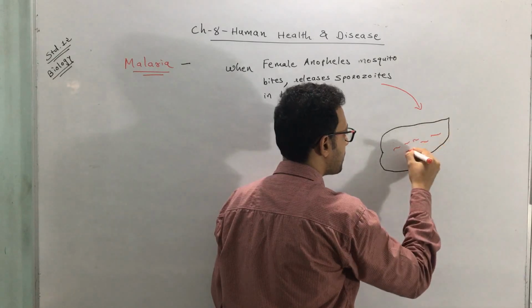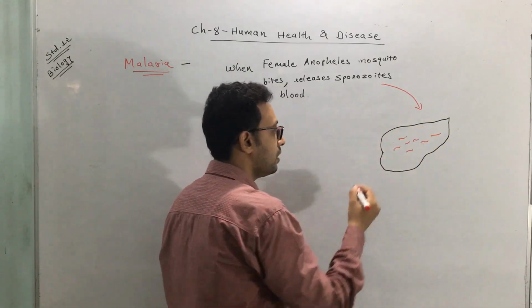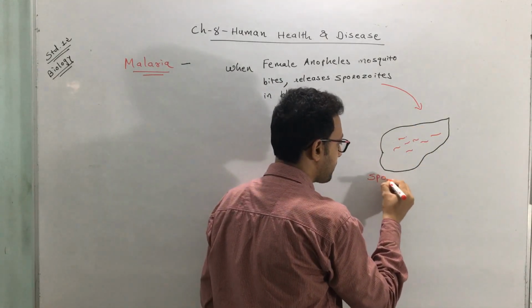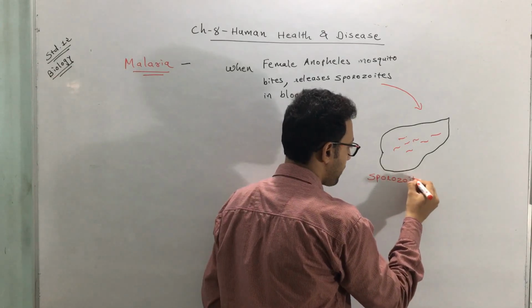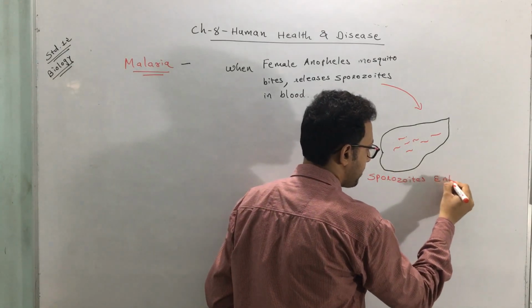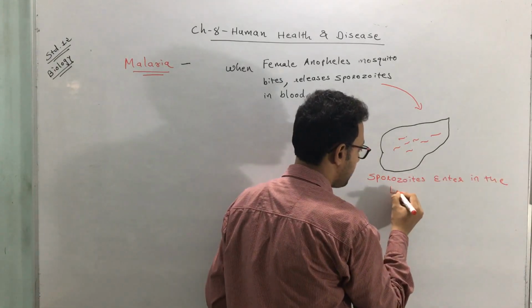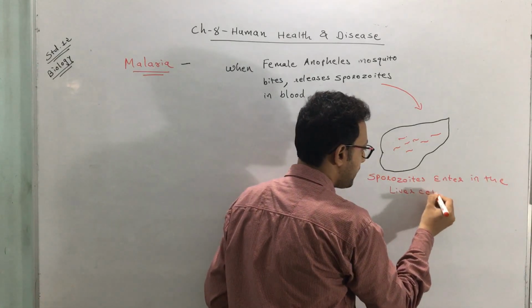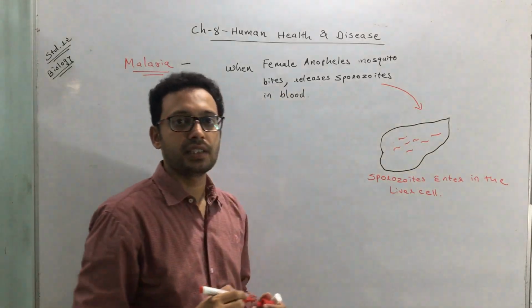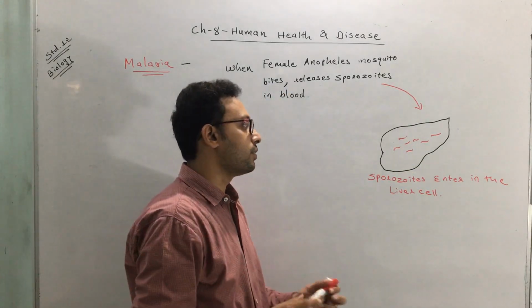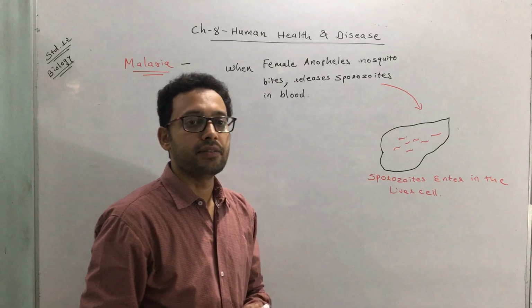Suppose assume that these are the sporozoites. These sporozoites enter the liver cell, which we call a hepatocyte. The other name of the liver cell is hepatocyte. So it enters into a liver cell.